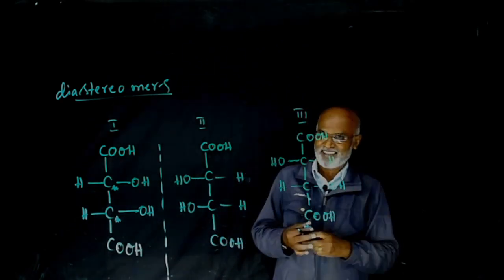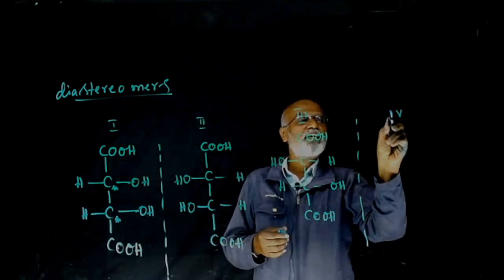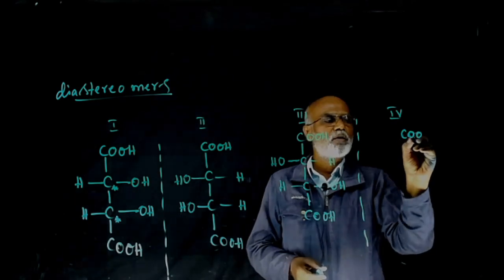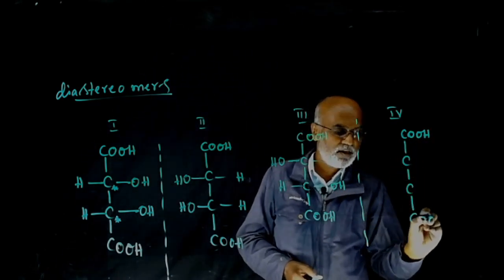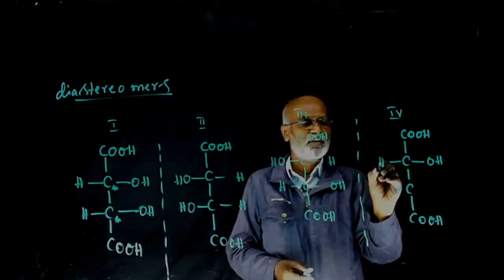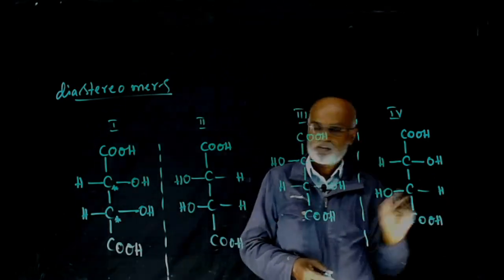They are in the opposite direction. Coming to the last, structure 4 is the mirror image of structure 3. This is COOH, this is C, this is C, this is COOH, and remember, this is OH, this is H, and this one is OH, and this one is H.